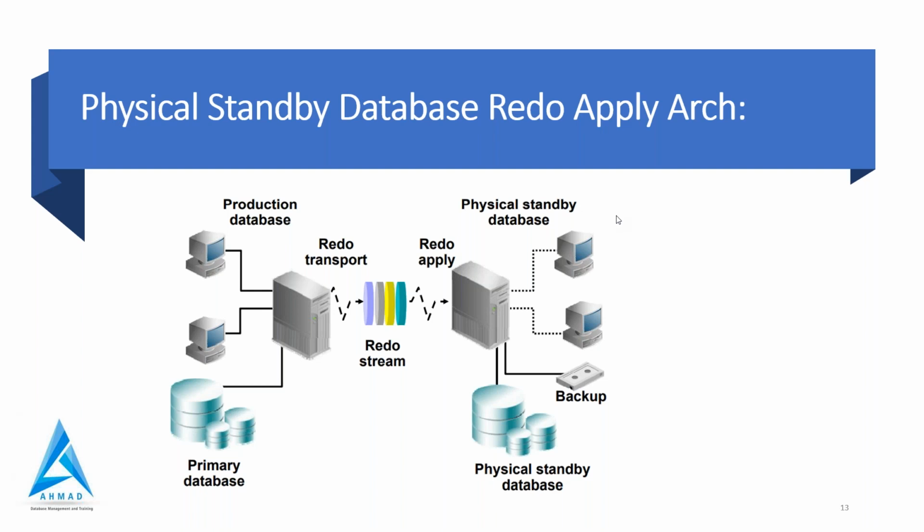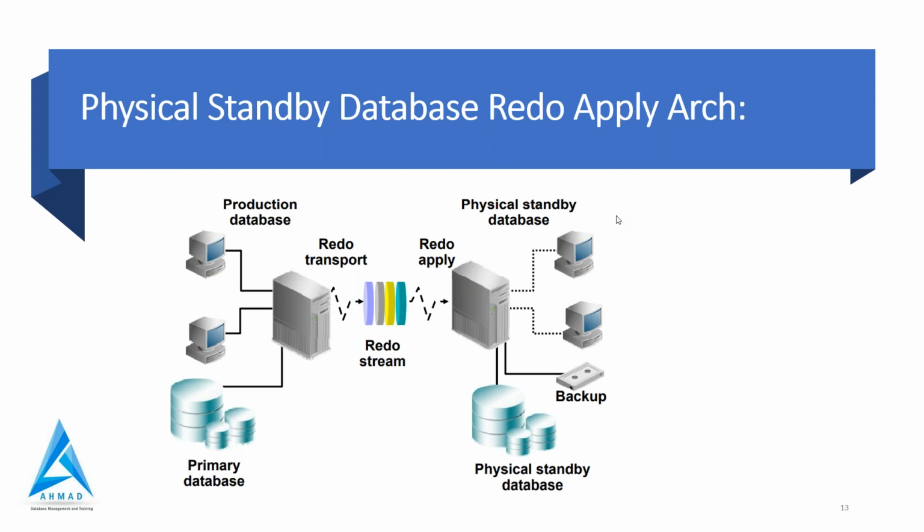Now, the physical standby redo apply architecture. Here you can see the production, primary, redo stream, redo apply, and all that. Basically the production database is linked to one or more standbys, up to 30, that are identical copies of the production. How do you manage the limit of 30 standby databases? There is a parameter log_archive_dest_n, which is basically 1 to 30.